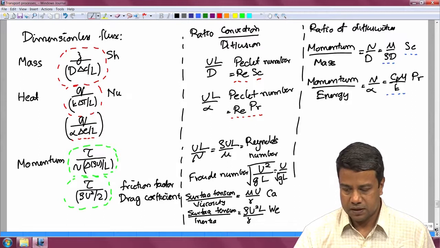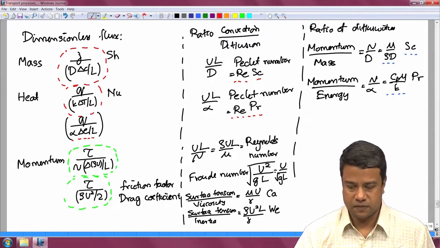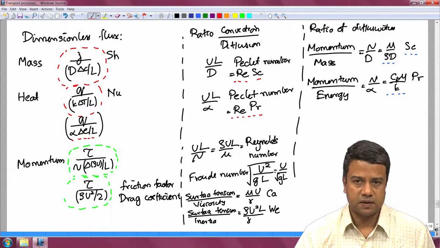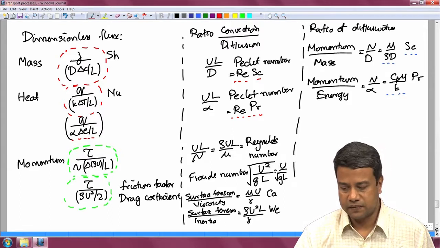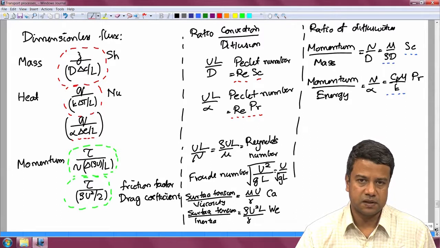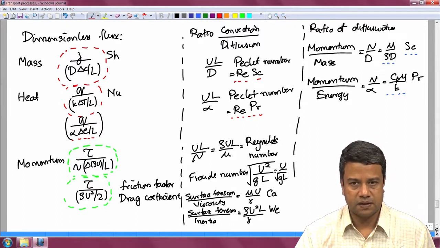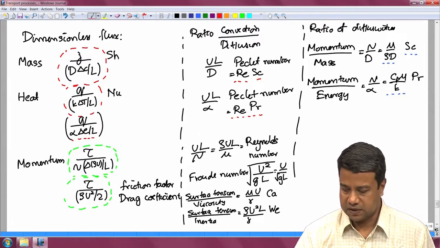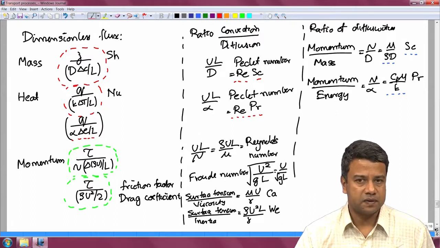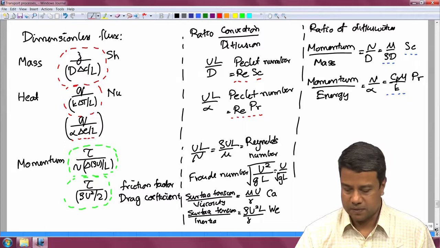Then there are ratios of convection and diffusion. The Peclet number for mass transfer, the velocity times the length scale divided by the mass diffusion coefficient. Heat transfer, the velocity times the length scale divided by the heat diffusion coefficient. And for momentum transfer, velocity times length divided by momentum diffusion coefficient.